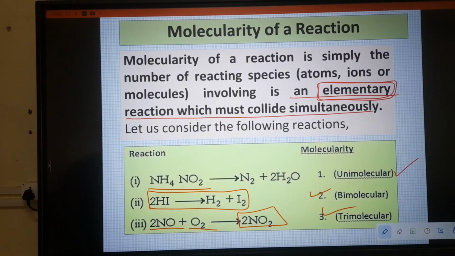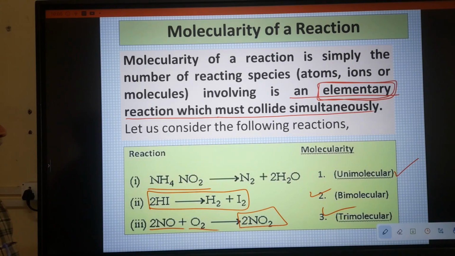So this is the concept of molecularity, but remember that molecularity is a theoretical concept while order is measured experimentally. Molecularity cannot be fractional, molecularity cannot be zero, but the order can be fractional as well as zero also.